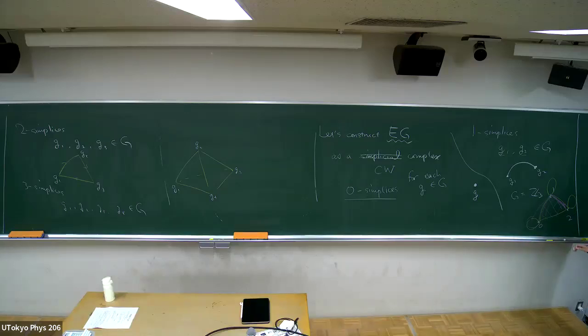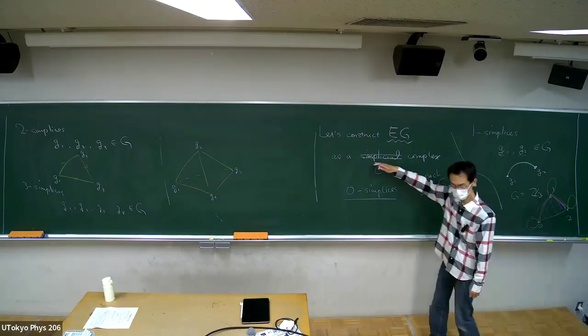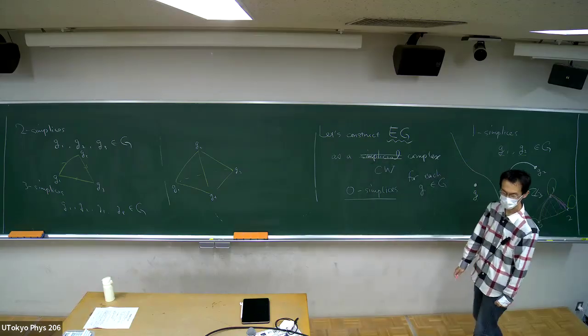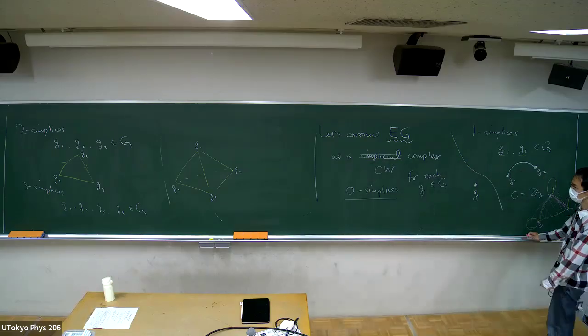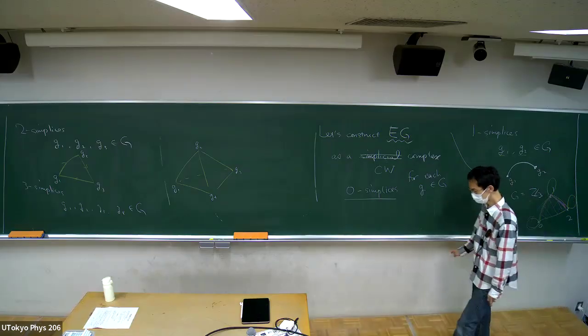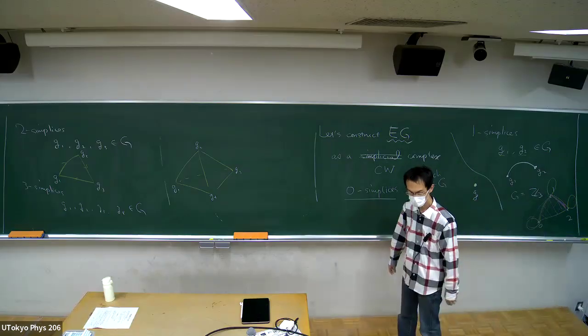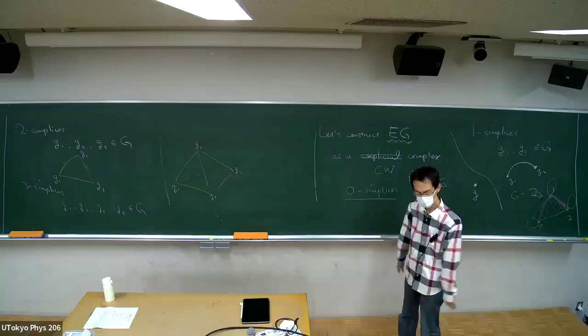I mean, it's very difficult to visualize how all of these things are put into a single object. It's definitely not a manifold, but it is almost a simplicial complex. The definition of the simplicial complex is a collection of simplices which intersect nicely.